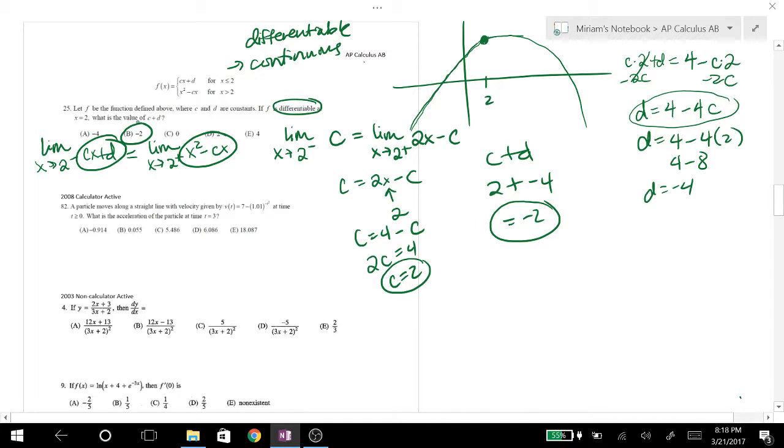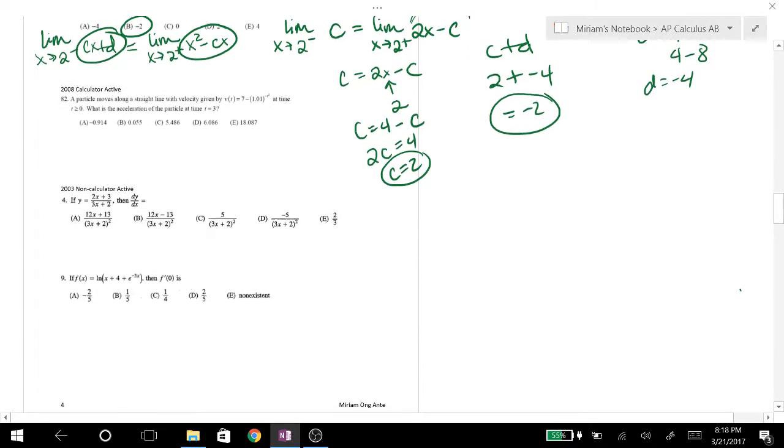Okay, number 82 is calculator active, so you're expected to use a calculator for this one, okay? So you have a particle that moves along a straight line with a velocity, at time t greater than or equal to 0. Now, what is the acceleration of the particle at time equals 3? So we have to remember PVA in terms of derivatives, okay?